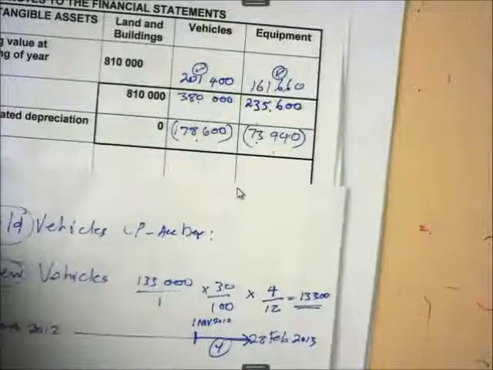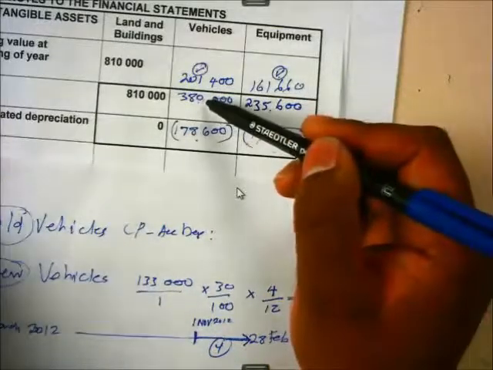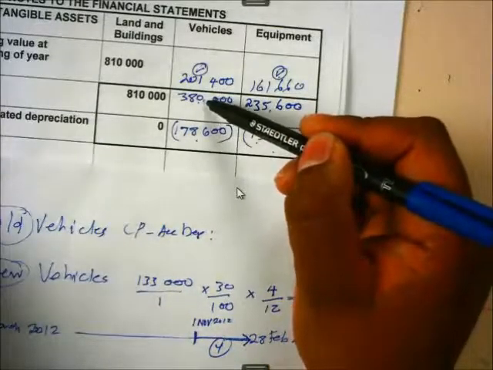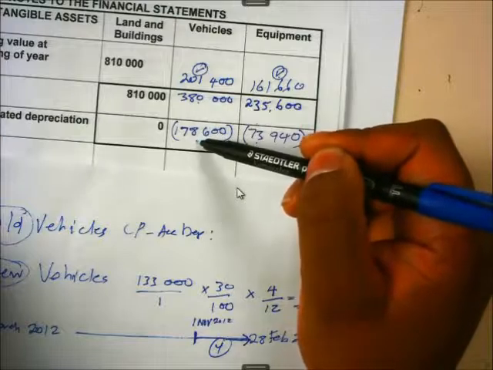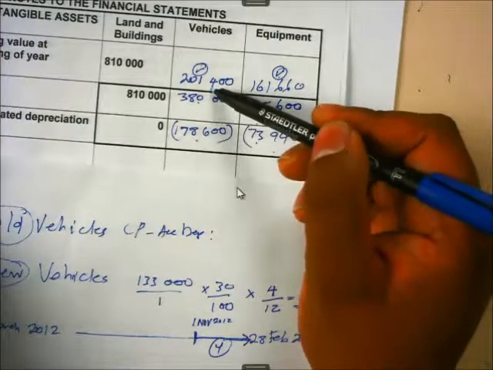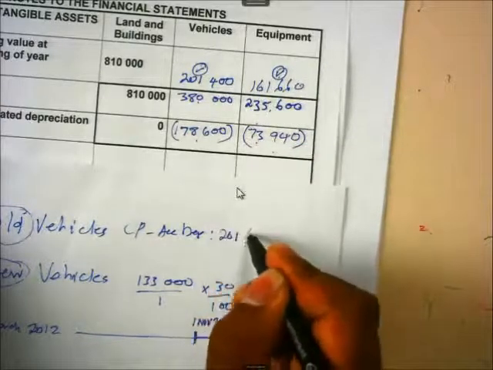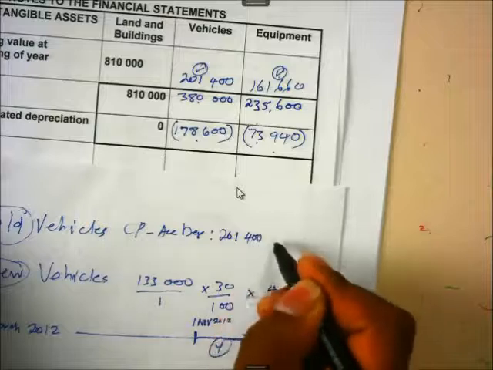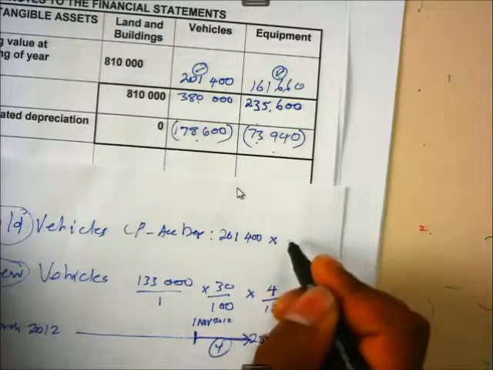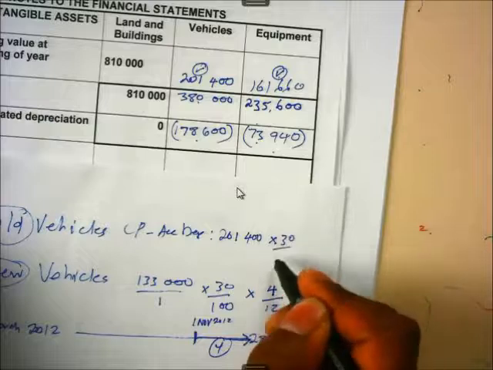You see, this is your cost price, right? Minus your accumulated depreciation. Therefore, you already have that diminished balance of 201,400, which you must multiply by 30 over 100.